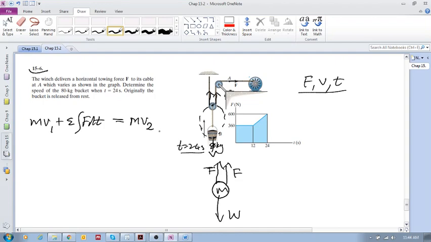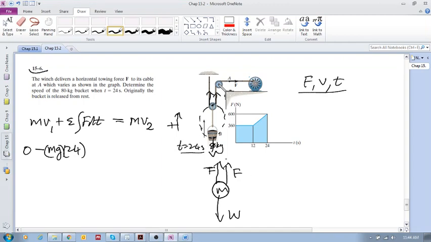Now we can take up as positive. The initial velocity was 0, so we have no initial momentum. Now we need to consider what's happening over here. The weight down is straightforward because that is a constant force. So we can say minus mg times 24 seconds.